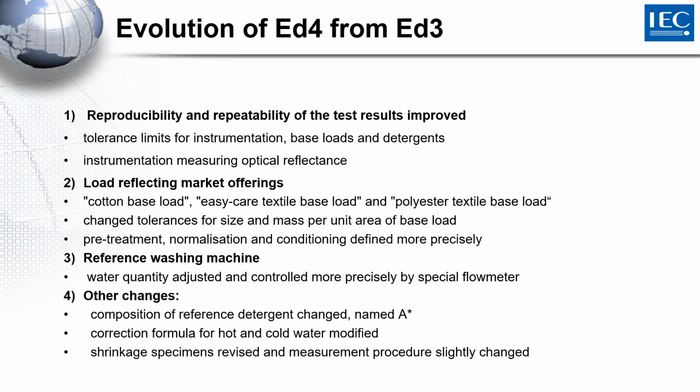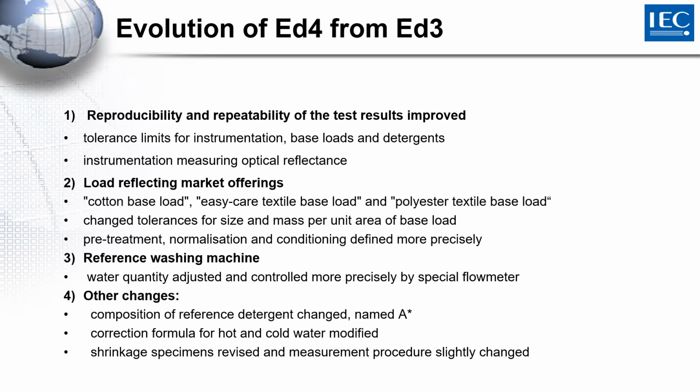Edition 4 from edition 3: reproducibility and repeatability of the test results was improved, the tolerance limits were increased, and the instrumentation measuring optical reflectance was better refined. The load reflected market offerings: cotton base load, easy care textile base load, polyester load.